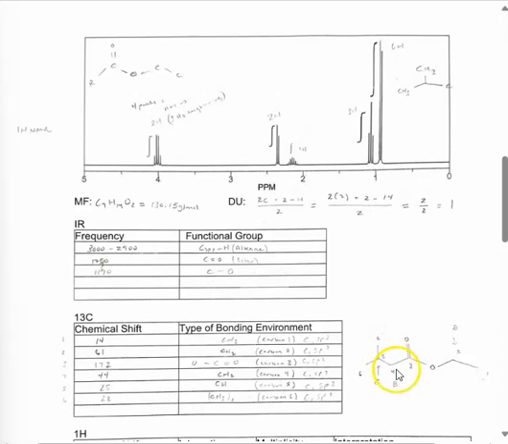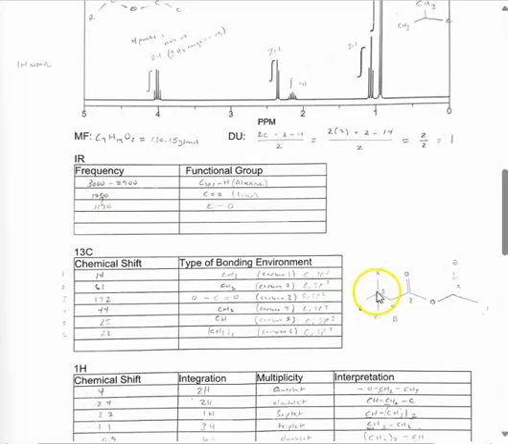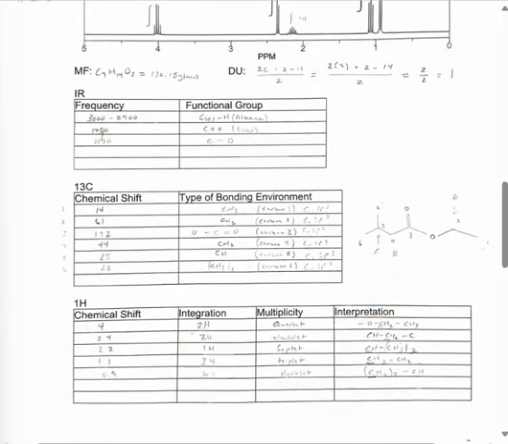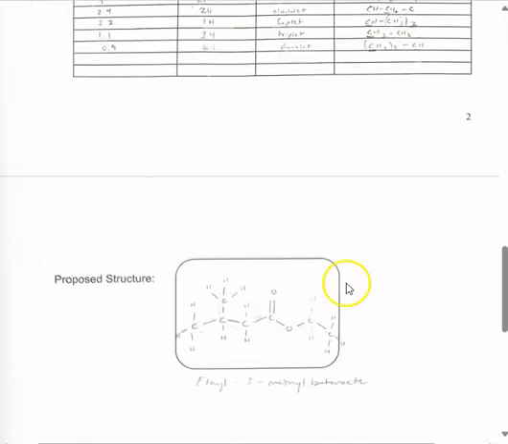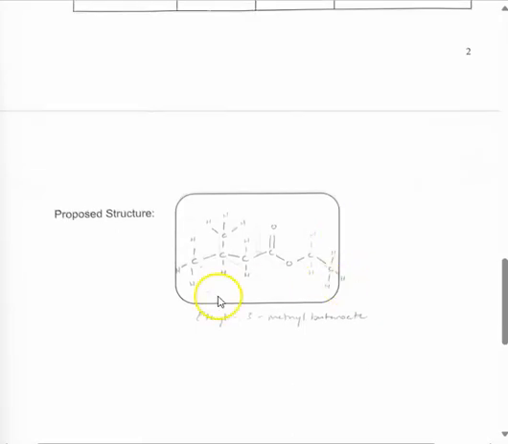So here at carbon 6, with this carbon connected to 2 other carbons, we have 6 neighboring hydrogens, which will give us this 6H integration. Therefore, with the data provided, I believe the correct proposed structure is ethyl 3-methylbutanoate, which is the correct structure for this analysis. Thank you.